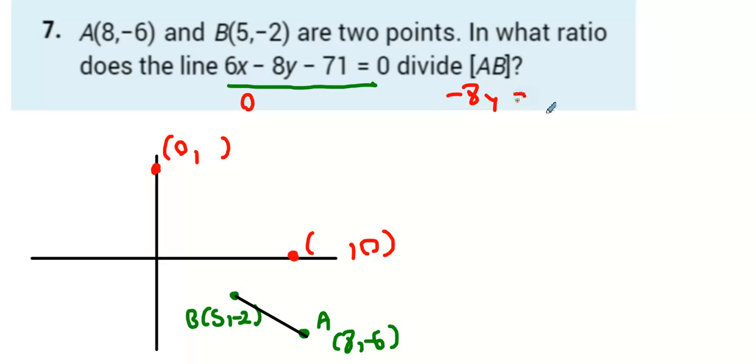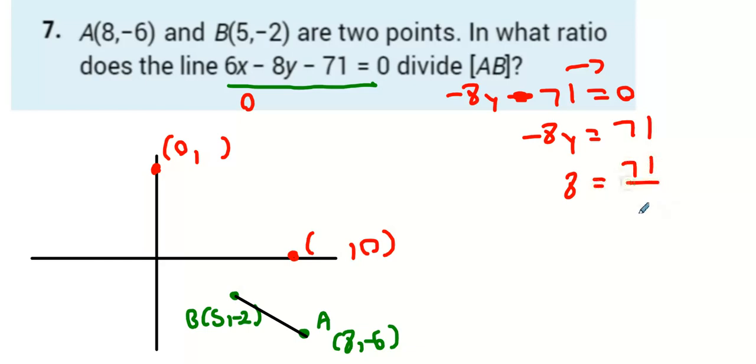Minus 8y minus 71 equals 0. And then after that, minus 8y equals 71, and then y equals 71 over minus 8. And what's that in the calculator?